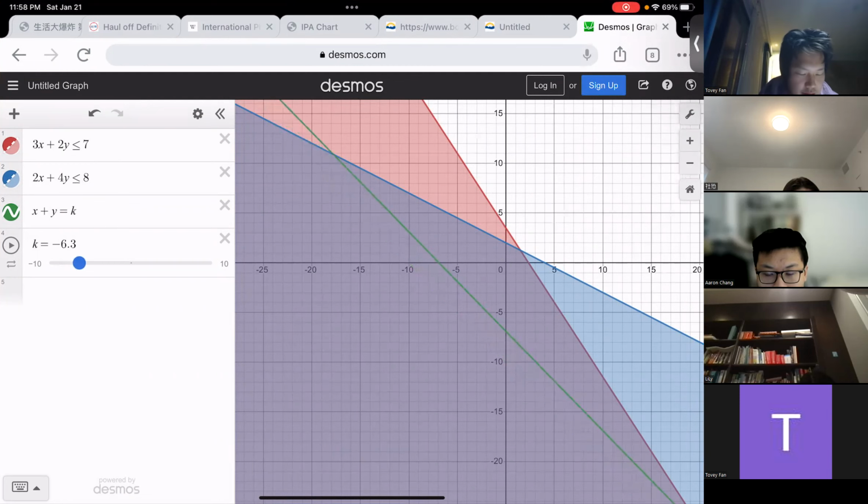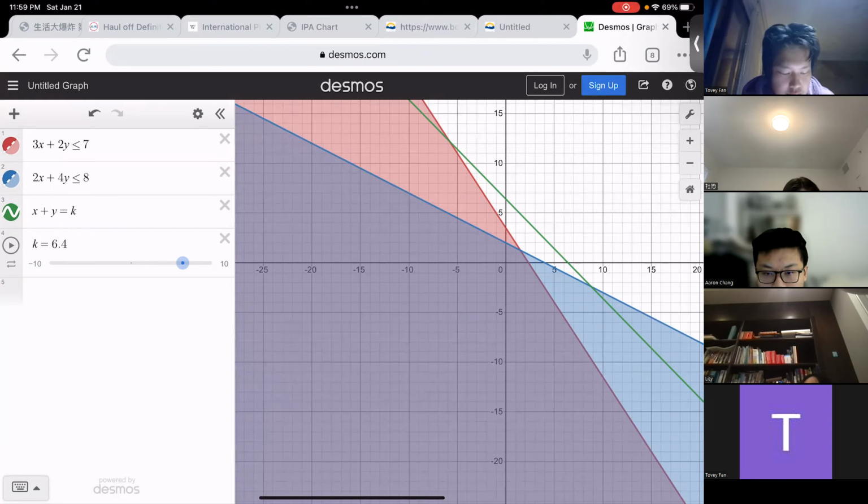But when you make it big, there's only this extreme point, the intersection. And after that, no part of the green line is in the overlap region. In this case, there's no solution, so there's a maximum value, which occurs at the intersection.